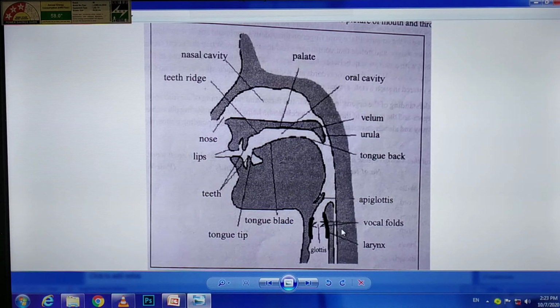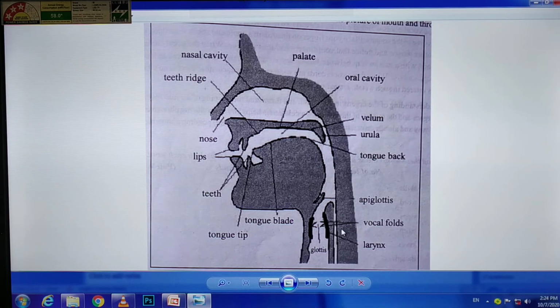Now, passive articulators are the organs in the mouth which are generally stationary. Stationary means without any kind of motion. That is like upper lip, upper teeth, alveolar or teeth ridge, hard and soft palate, and so on. You can just see in the picture there. These are all the upper part, where most of the times they are stationary.